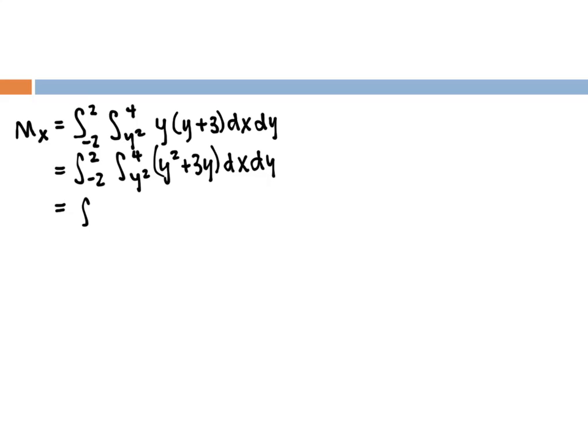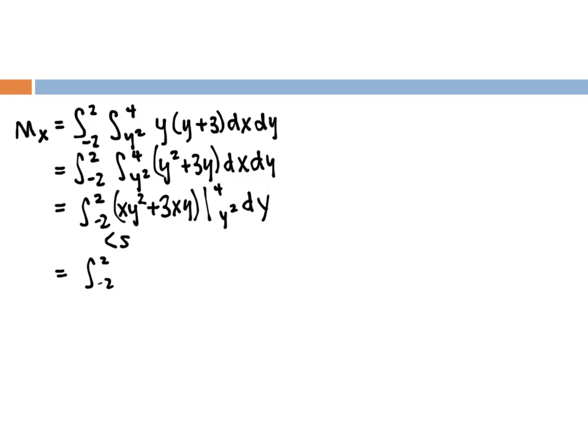So with respect to x, just like on the last part of the problem, this just becomes y squared x plus 3xy. And we're evaluating that at 4 and y squared, dy. All right? So I plug in the number 4, I plug in the number y squared, and again, I'm going to skip the algebra in here, just for the sake of time.